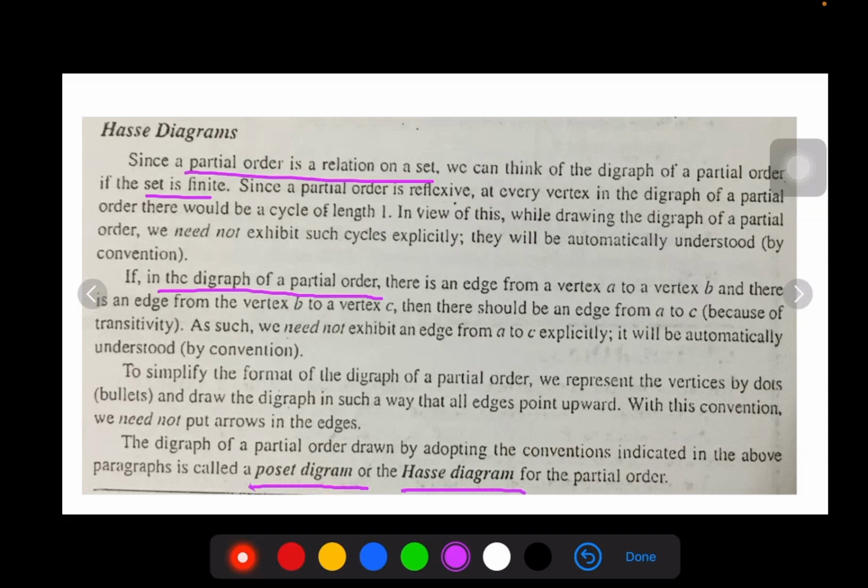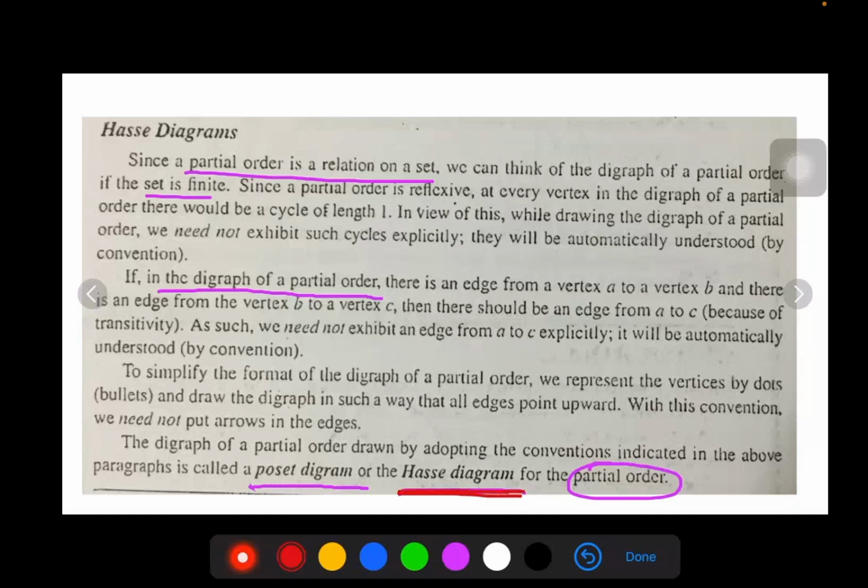We know that for a partial order, the reflexive property is satisfied. That means a self loop should be there in the diagram, but we don't write that self loop explicitly in the Hasse diagram. By default, writing a Hasse diagram indicates that there is a self loop. In the similar way, the transitive property is satisfied in a partial order and is not explicitly mentioned.